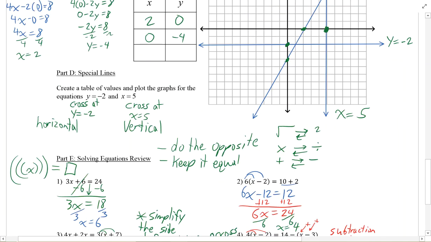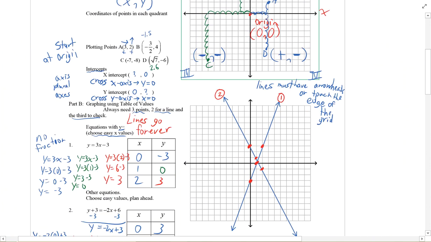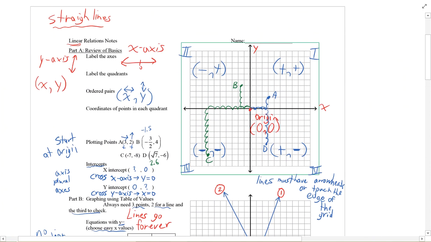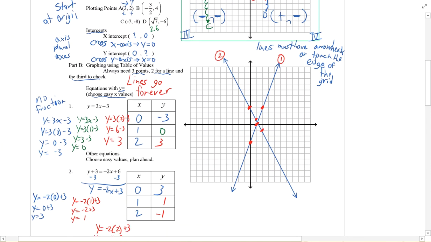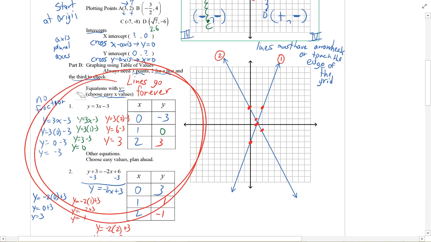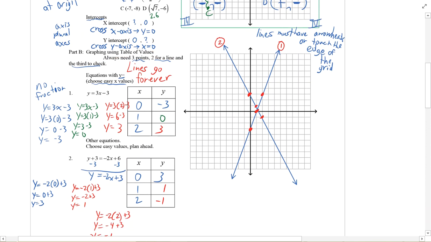So a couple things we're doing today. Number one is going to practice your graphing skills, or plotting points, drawing lines, substituting in and finding some quick little easy points to graph. Make sure that your line is long. It should have arrowheads or touch the edge of the grids, just like mine did.